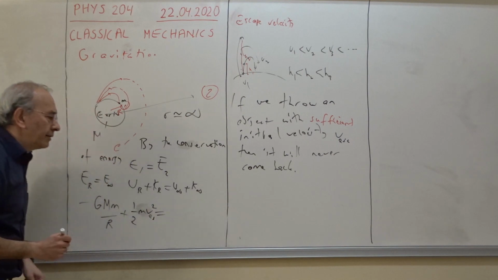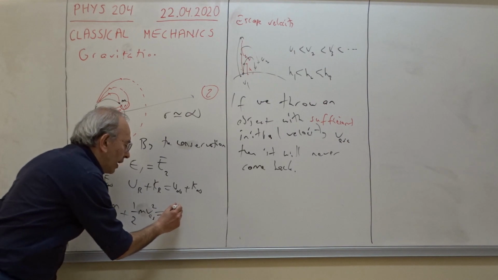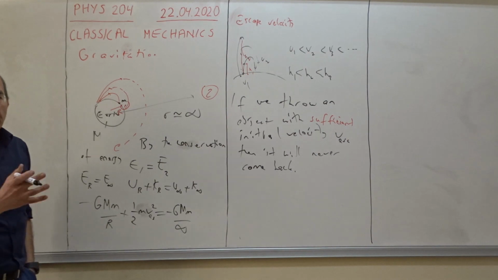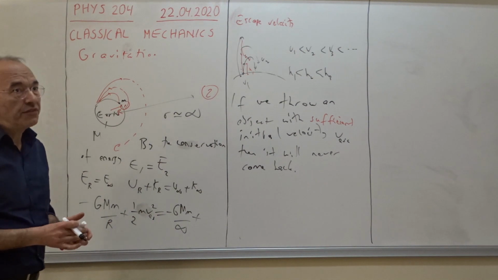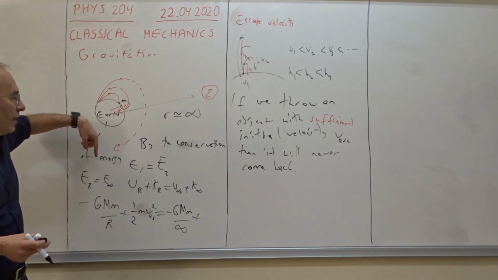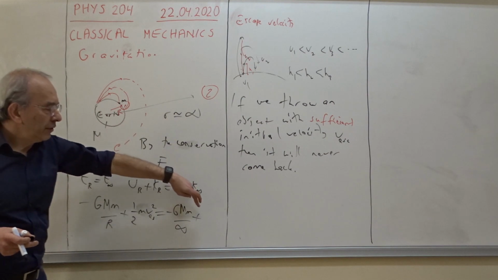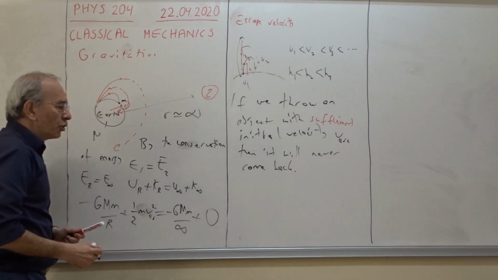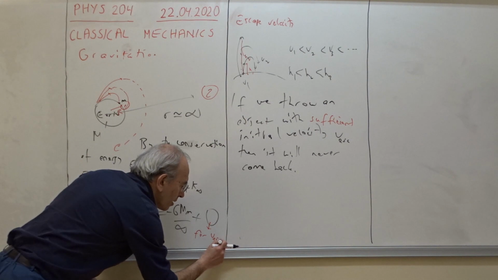On the right-hand side, the potential energy at infinity, so we have to write minus G capital M little m divided by infinitely great radius, and plus additional kinetic energy if it has any at infinity. Since we want to find the minimum value for the purpose of escaping, there is no need to have any additional kinetic energy. We can take it as 0 for v escape minimum.